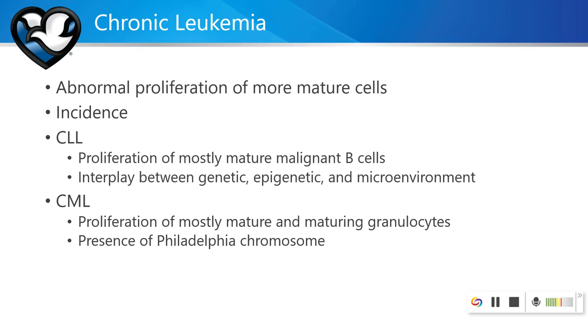The abnormal chromosome is created during a translocation segment on chromosome 9, resulting in the BCR-ABL fusion gene on the Philadelphia chromosome of chromosome 22. This gene causes abnormal production of myeloid cells, which then leads to the start of CML.